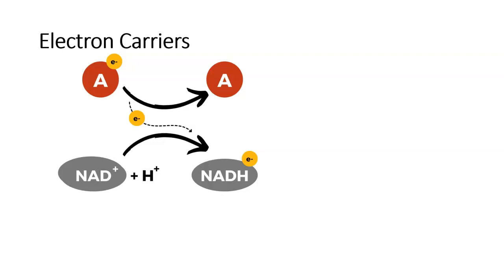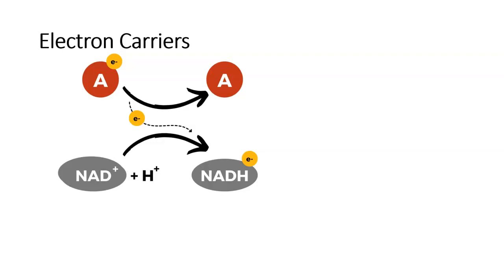One electron carrier that is commonly used by cells is nicotinamide adenine dinucleotide, or NAD. NAD is positively charged. When it receives electrons from an electron donor, it combines with a hydrogen ion to become NADH. NADH is the reduced form of NAD.